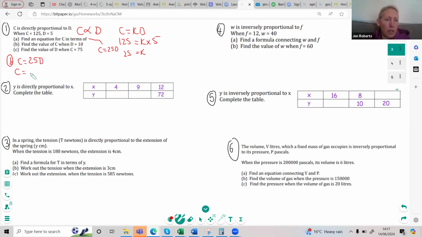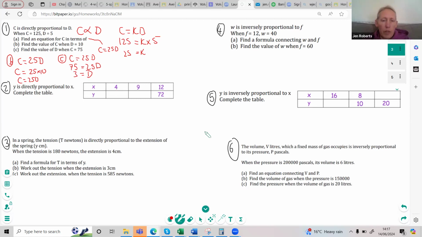So for C, 25 times 10, 250. This time we know C is 75. How do we get D? Divide both sides by 25, gives you D is 3.